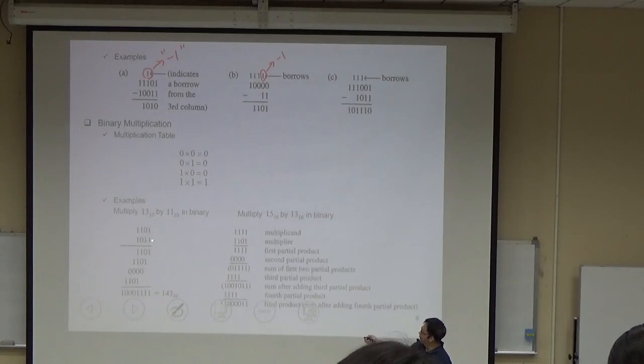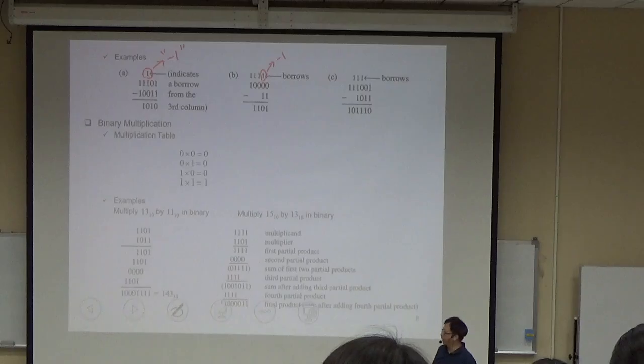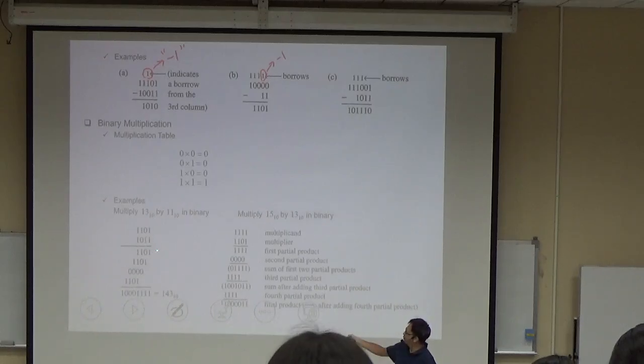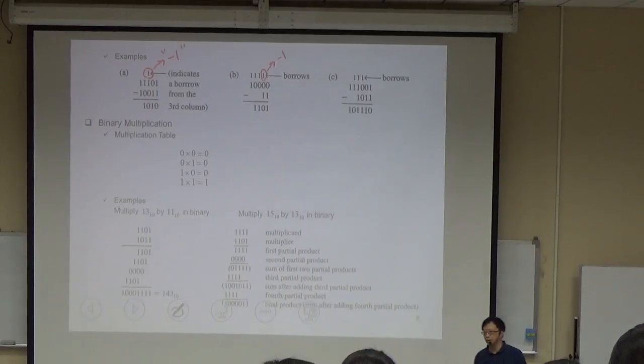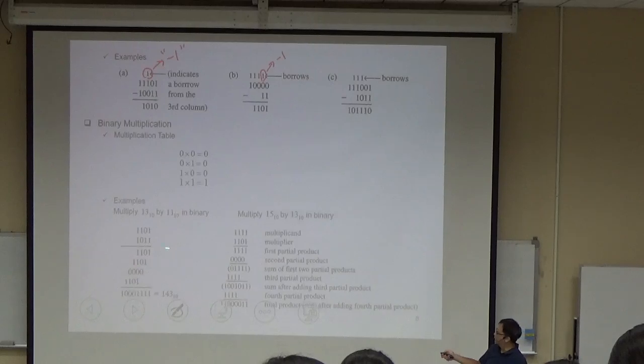So first we take this one and multiply by 1, 1, 0, 1, and we obtain this expression. Why does this multiplication become this expression? Because we use the multiplication table right here. 1 multiplied by 1 equals 1, 1 multiplied by 0 equals 0, and so on.